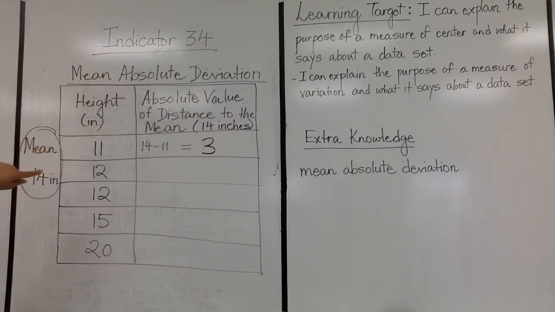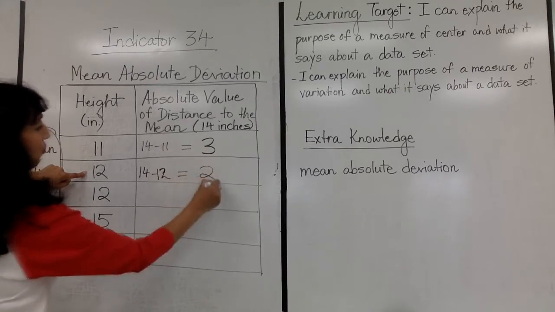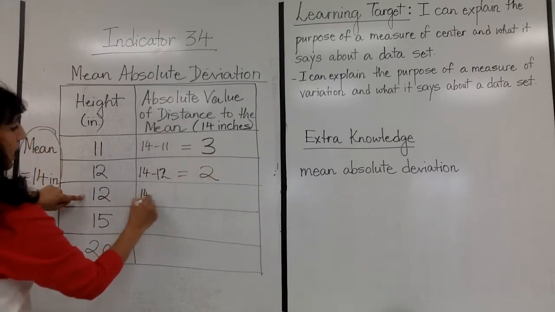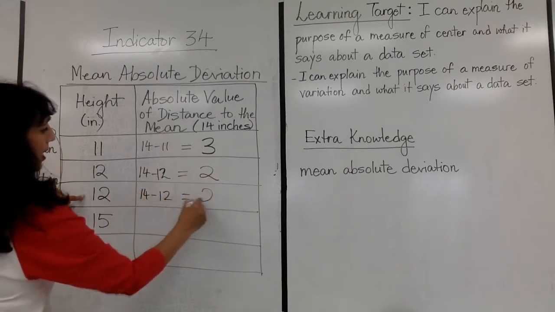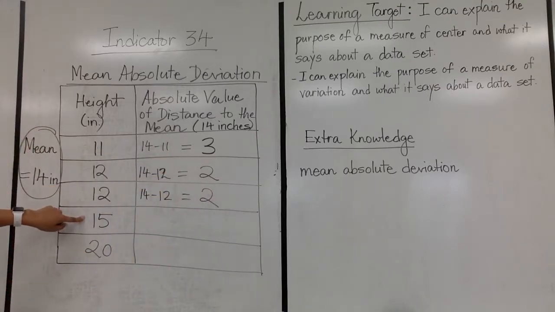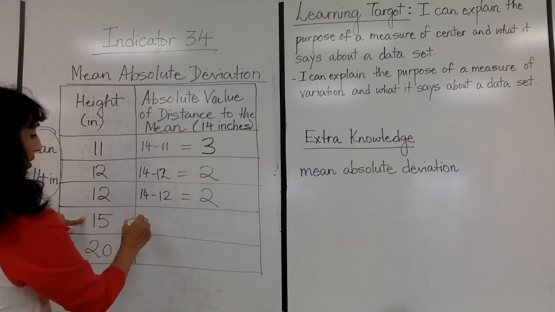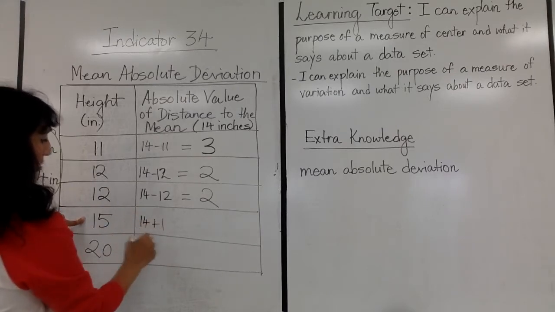If I say for 12, what is it? It is just 2 spaces away. 12 is only 2 spaces away from 14, and I get 2. That is my distance. For 15, my distance is only 1, because I can do 14 plus 1.